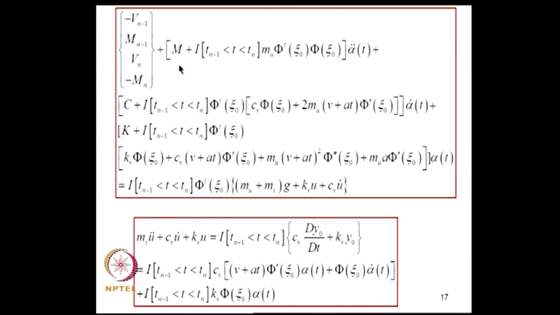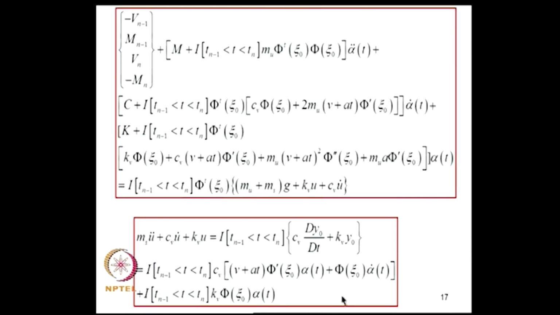If I transfer all the terms that multiply alpha double dot to the left hand side, the mass matrix will have the mass matrix of the beam element plus the contribution from the wheel force, the damping matrix that of the beam element plus the contribution from the wheel force, and similarly stiffness of the beam element plus the contribution from the wheel force.